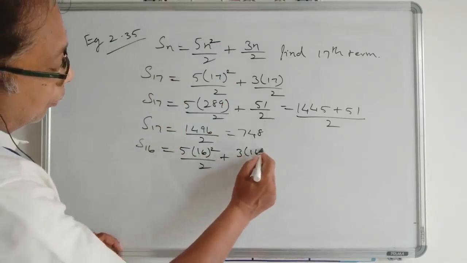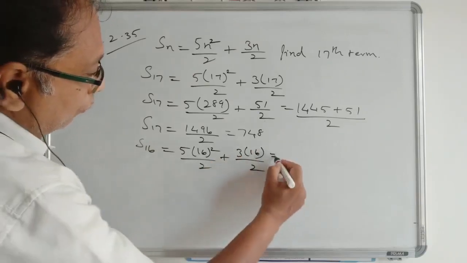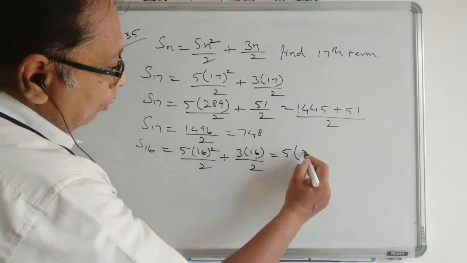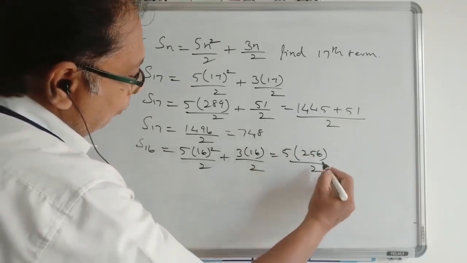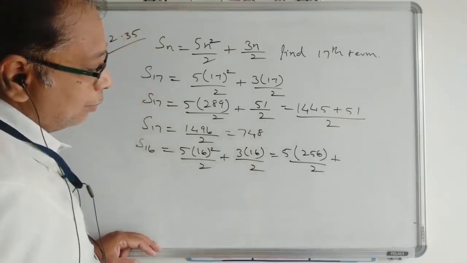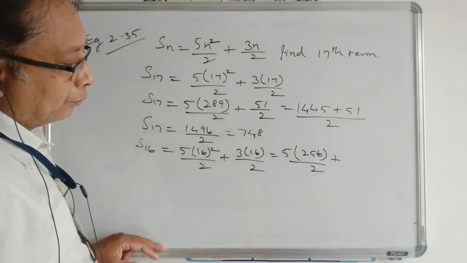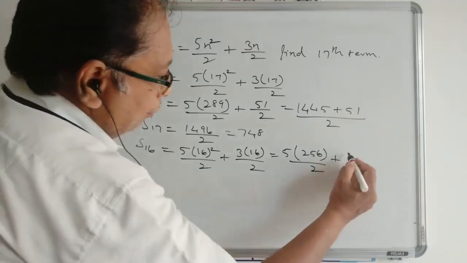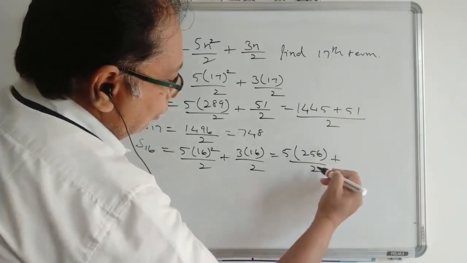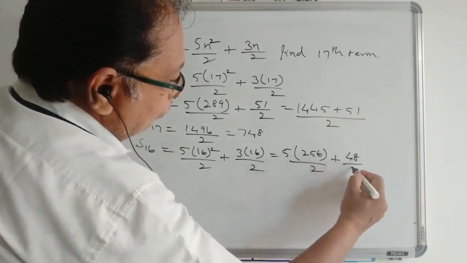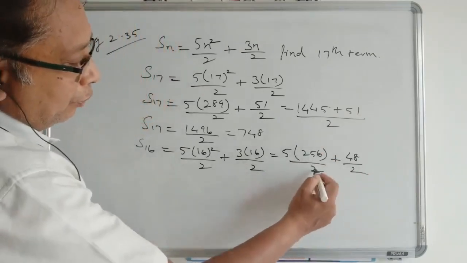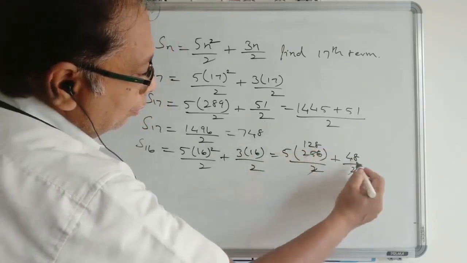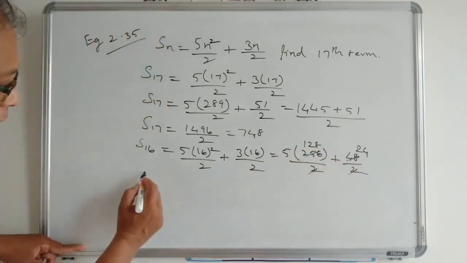S16 equals 5 into 16 squared divided by 2 plus 3 into 16 divided by 2, which is 5 into 256 divided by 2 plus 3 into 16. Three 16s are 48. 256 divided by 2 is 128, and 48 divided by 2 is 24.